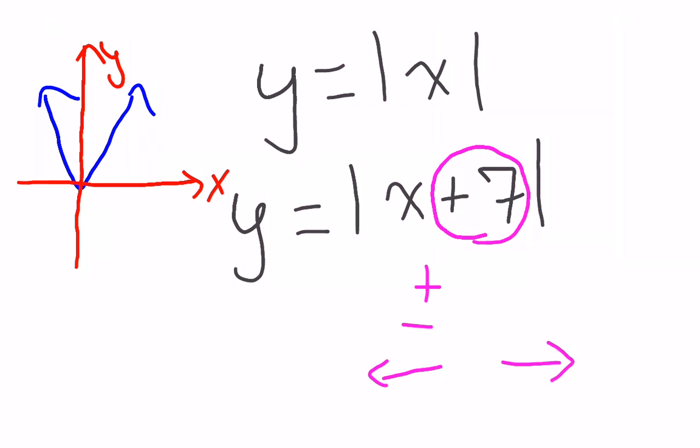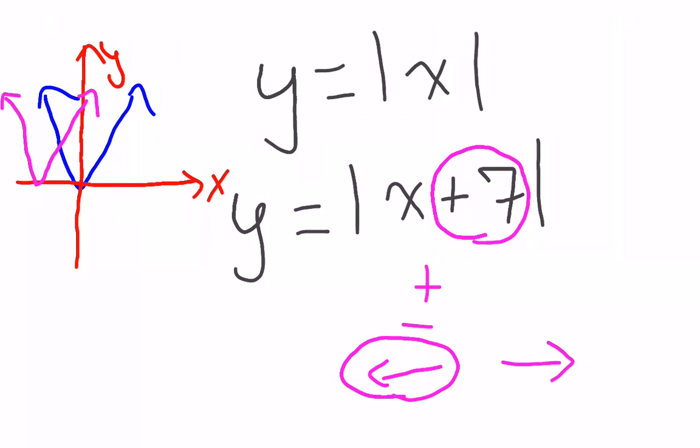We have to remember which. This one is the weird one because since it's inside the function, we have to think of it backwards. Since it's a plus 7, it's actually going to move it to the left 7 spaces. We didn't quite make our graph to scale, but it would move it over 7 spaces.